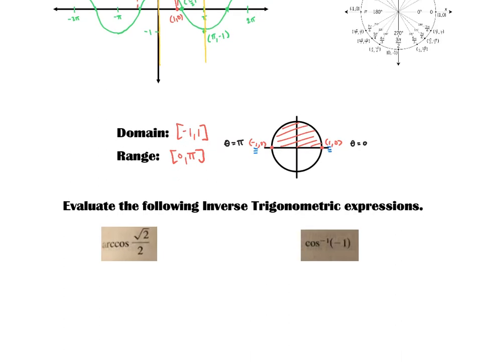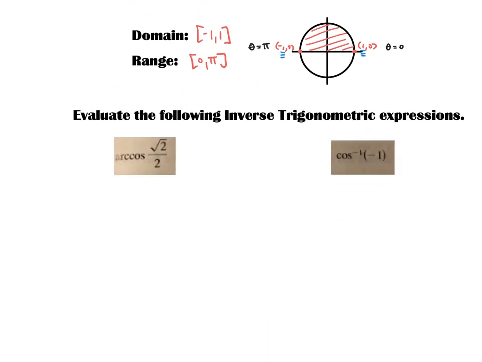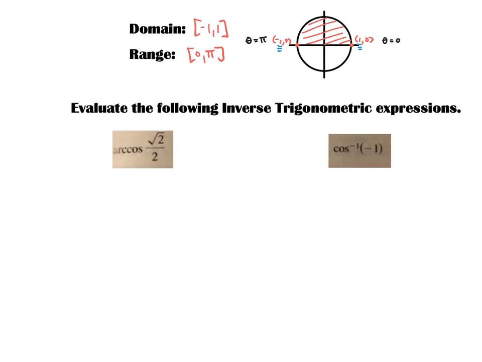So let's look at a couple of examples here. Evaluate the following. So I want the arc cosine of square root of 2 over 2. That's the same as asking me the cosine of what angle theta is equal to the square root of 2 over 2. Right? So if I set this equal to theta, it's going to be an angle. The output will be an angle. So what angle within quadrants 1 and 2, quadrant 1 being here, quadrant 2 being here, would give me the square root of 2 over 2?